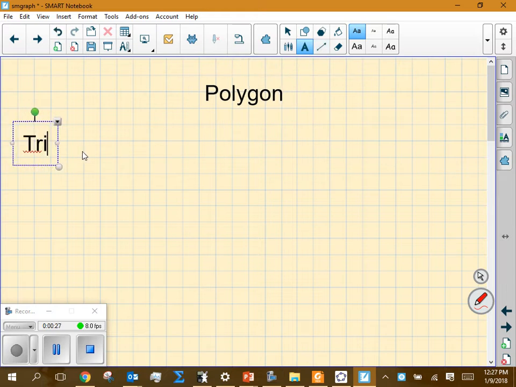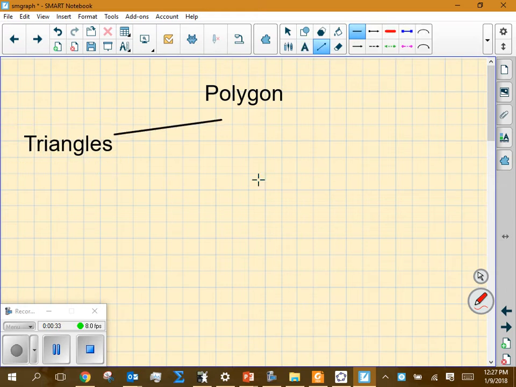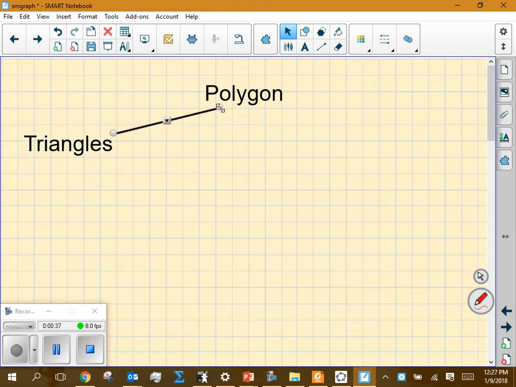One of those subgroups is triangles, right? And this is a flow chart that says a triangle is a polygon, but a polygon is not necessarily a triangle. Does that make sense? Because a polygon could be a quadrilateral or could be a hexagon or whatever, right?